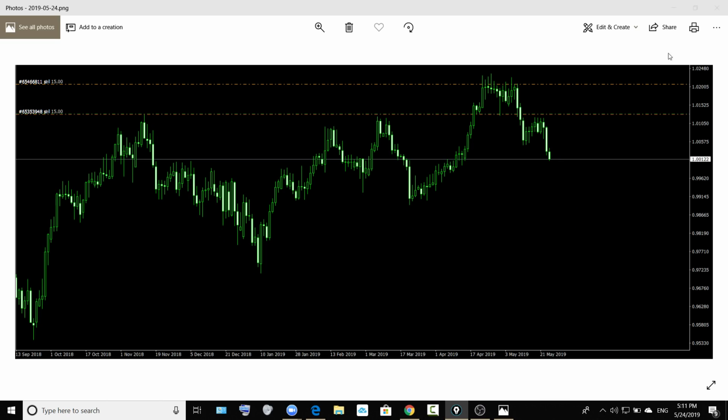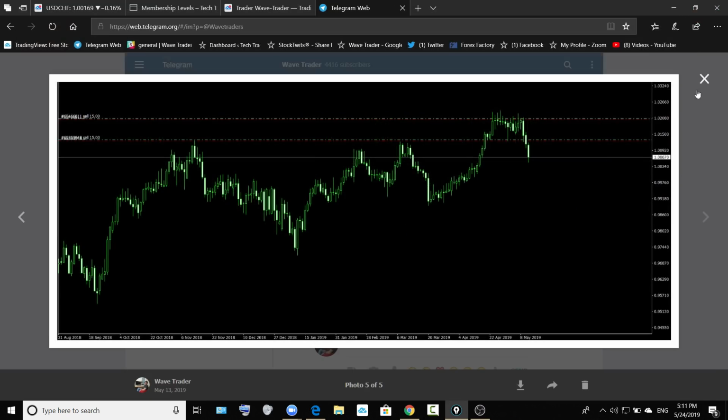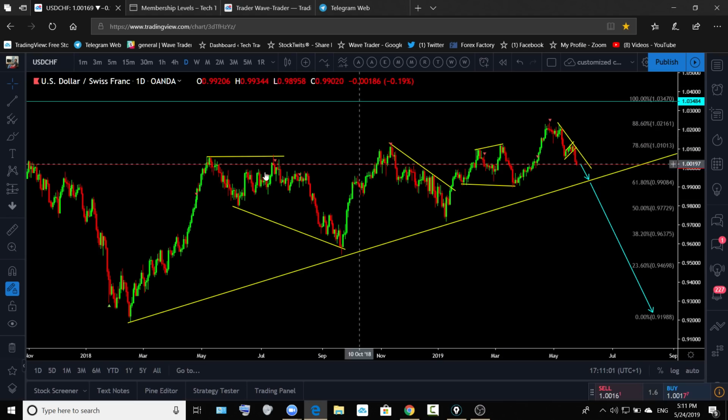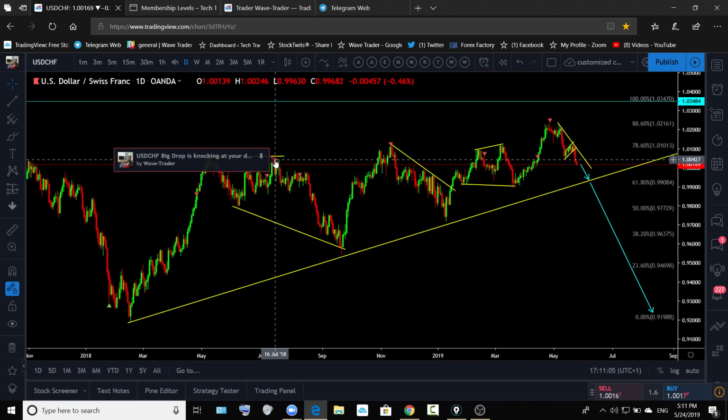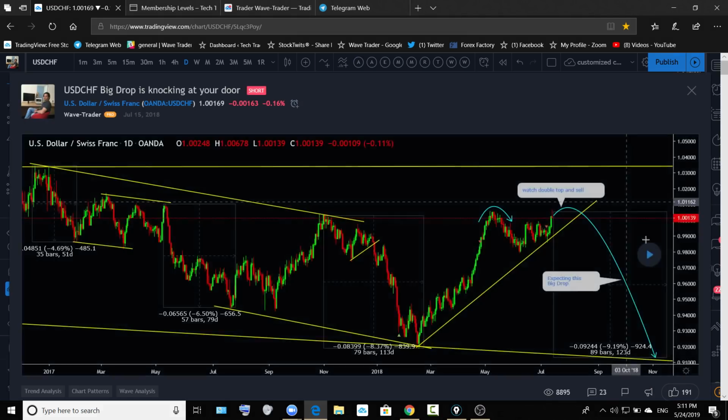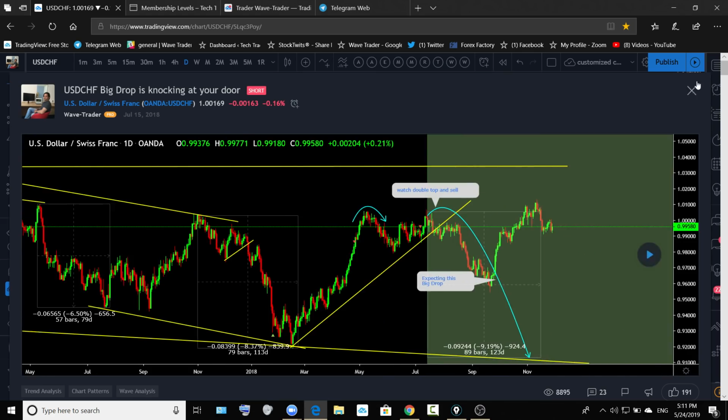The charts were there already. So the dollar franc chart is there. We were expecting it to drop from there, and it went lower.